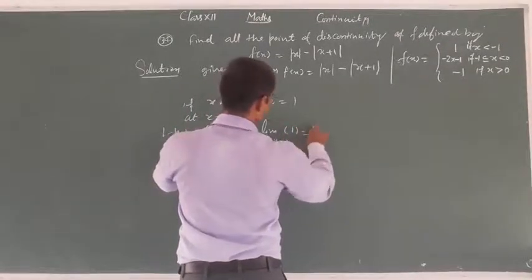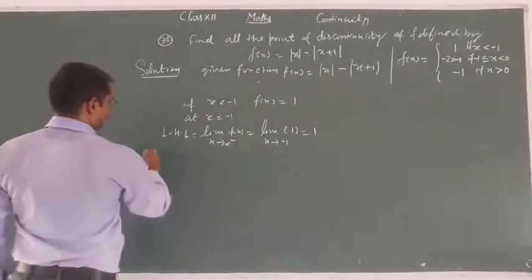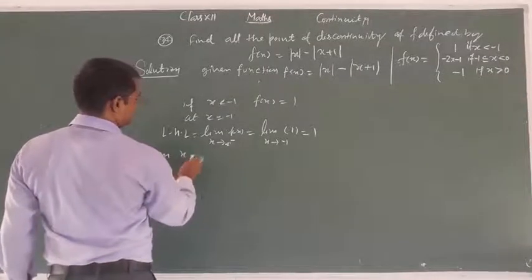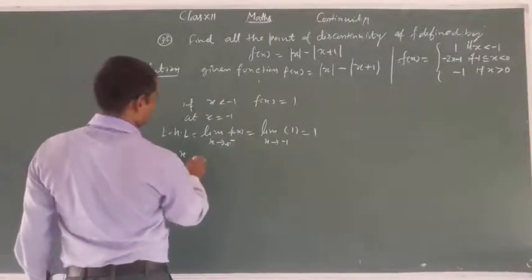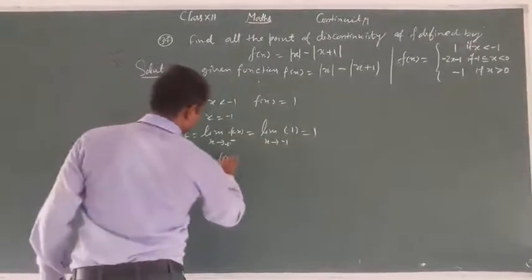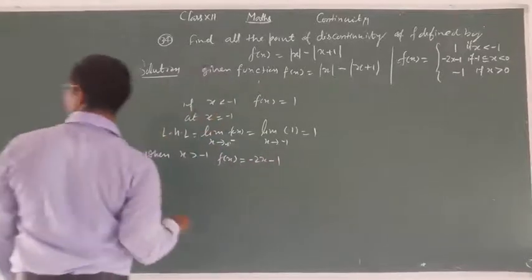So the value is 1. And when x greater than minus 1, the function f(x) is equal to minus 2x minus 1.